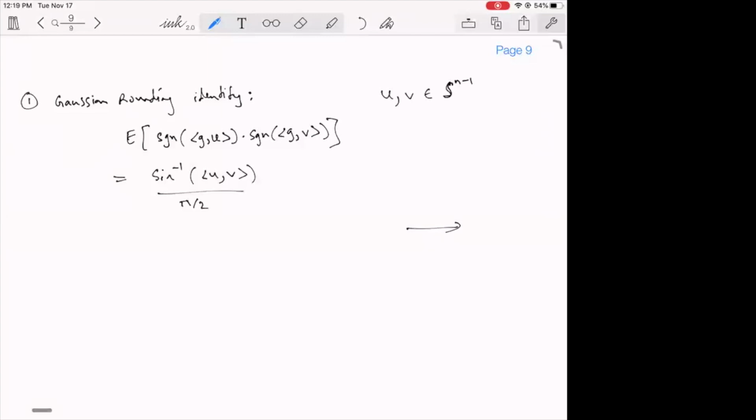So we can take U to be equal to E1, and we can take V to be equal to cosine theta, sine theta, where theta is the angle between U and V.